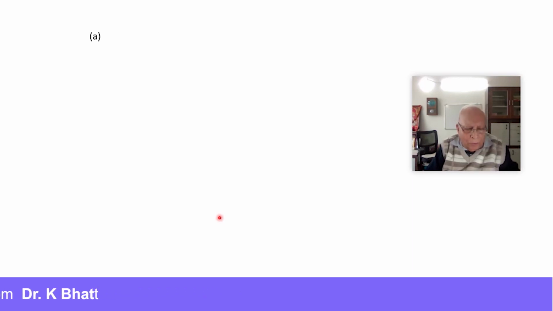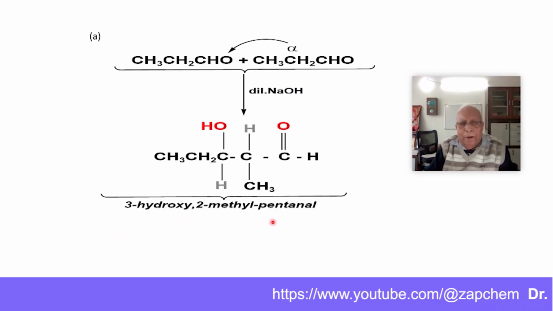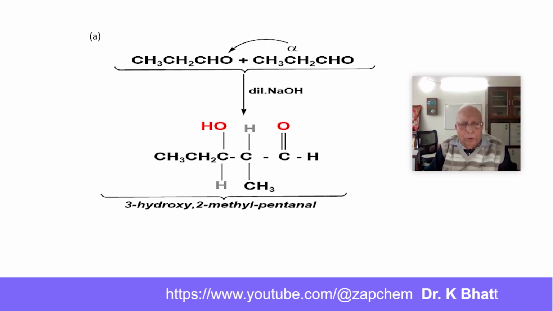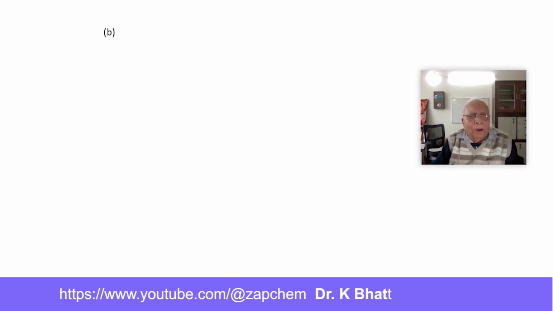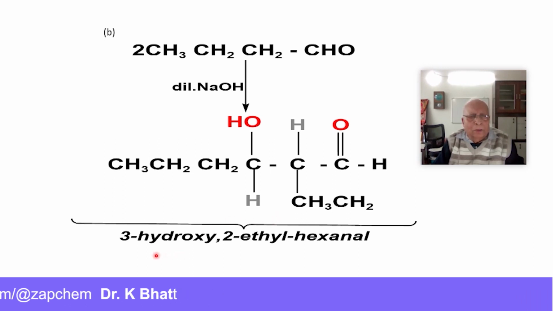So get the answers like this. The answer for question A, which is a simple aldol condensation, is 3-hydroxy-2-methylpentanol. I suppose you must have got it. Secondly, question B, again the answer should be 3-hydroxy-2-methyl-hexanol.